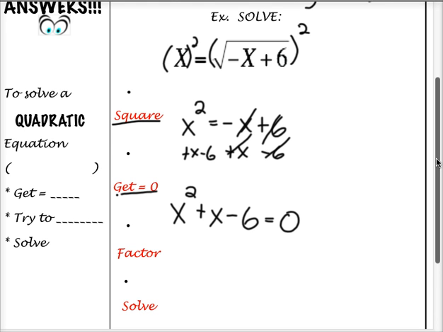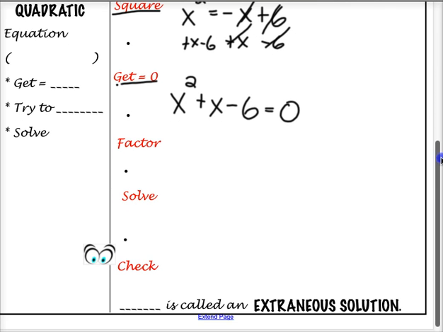Now that we have a quadratic, you guys should know that this means we are going to now factor in order to solve it. So we get our x's, and now multiplies to -6 and adds to 1. We're going to get a +3 and a -2.